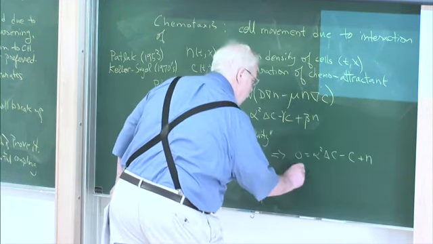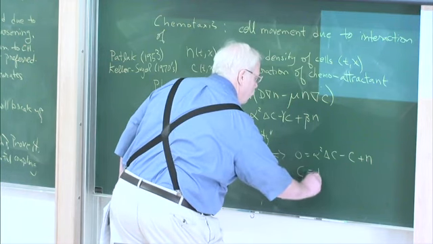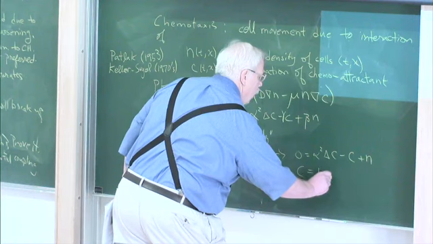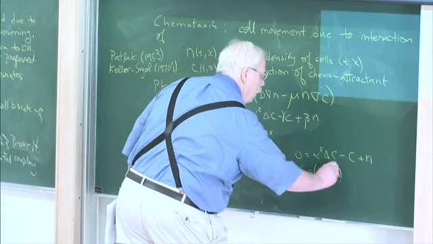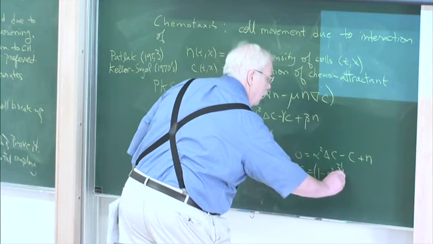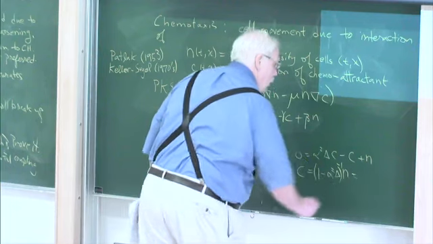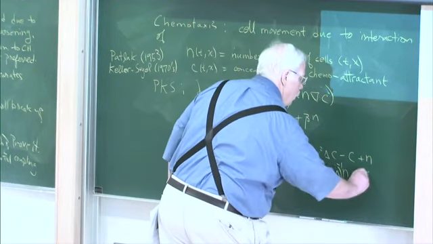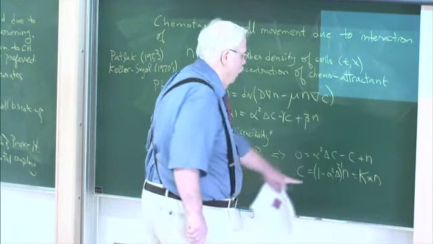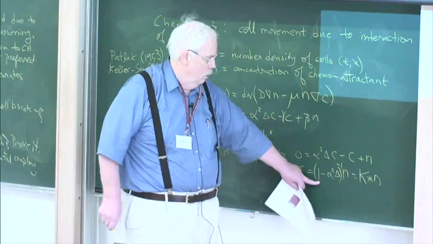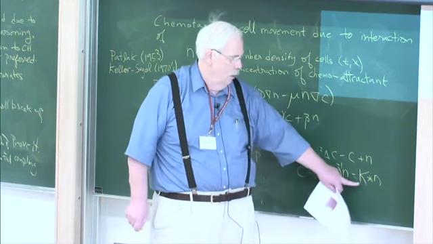So c is equal to (1 minus alpha squared Laplacian) all inverse acting on n, which is this kernel, the Green's function for the Helmholtz operator acting on n.